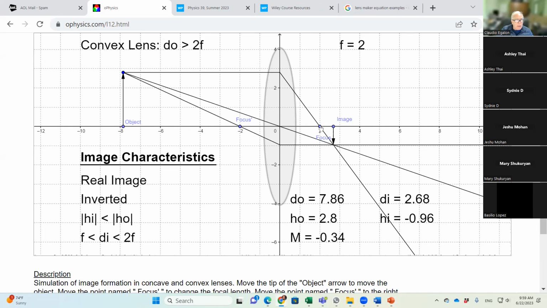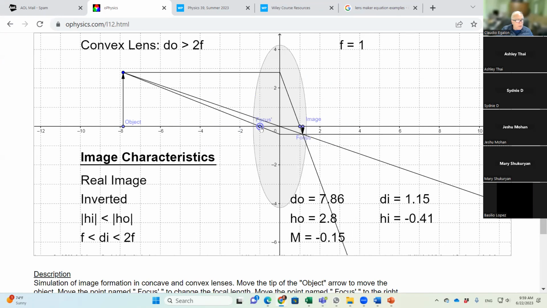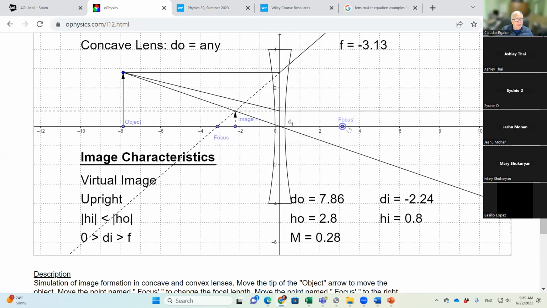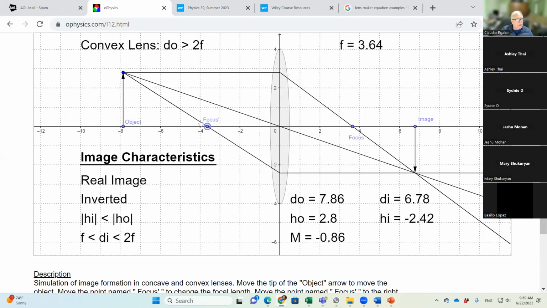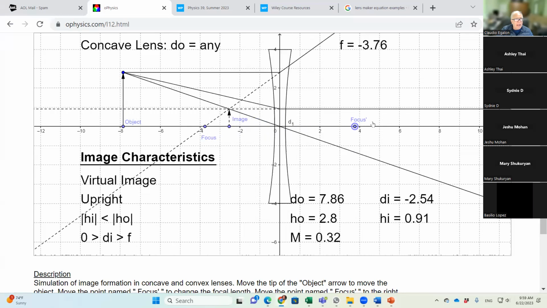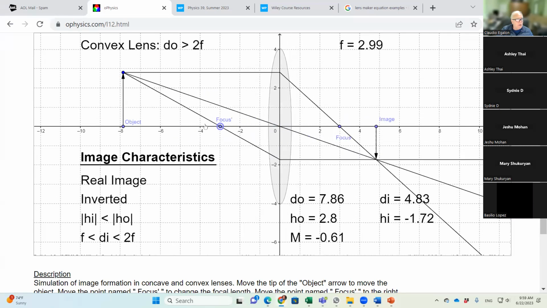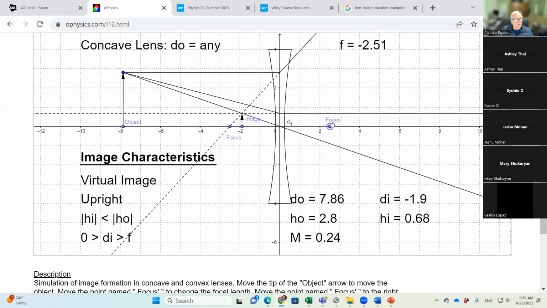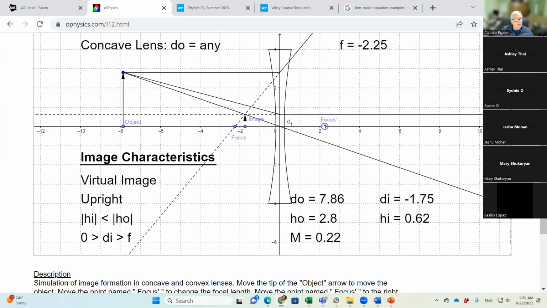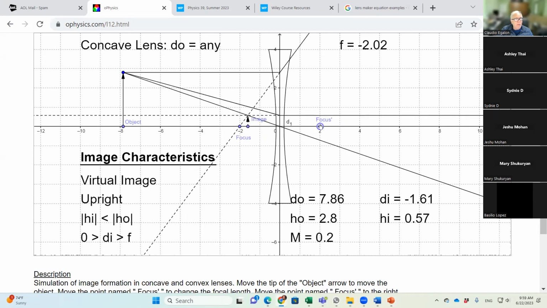Okay, that's how you change the type of lens here in the simulation. You gotta move the focal point to a different point. So let's put it here. Now we have a divergent lens.